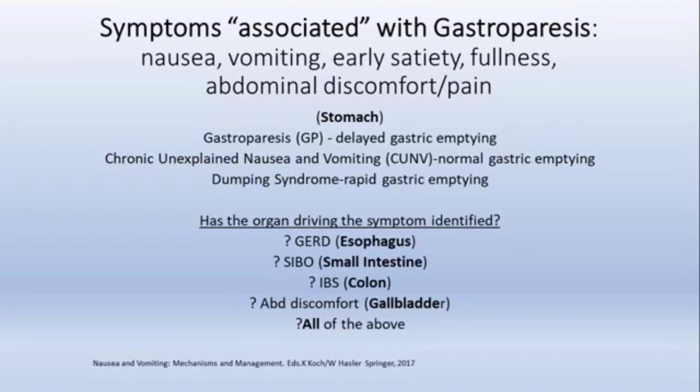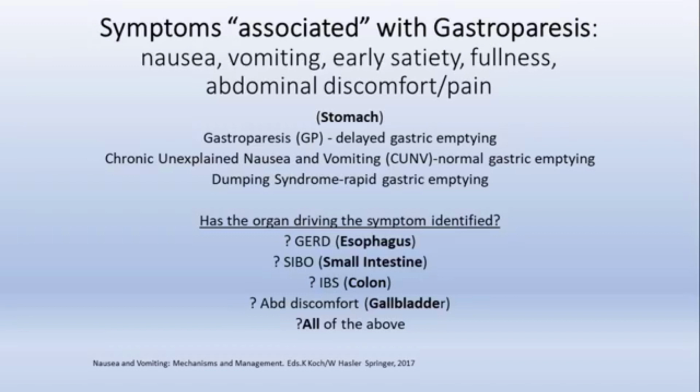But as you know, there are many people who have normal gastric emptying, and we're beginning to call them by the label, if you will, the diagnosis, chronic unexplained nausea and vomiting, or CUNV. Some people call it functional dyspepsia. Some people call it postprandial distress. There's a bit of difficulty there. But some people actually have rapid gastric emptying or dumping syndrome.